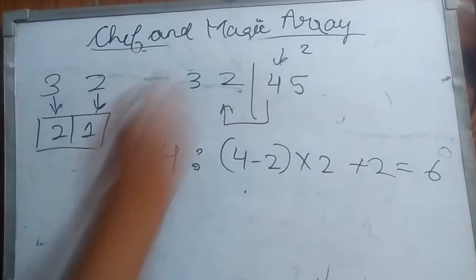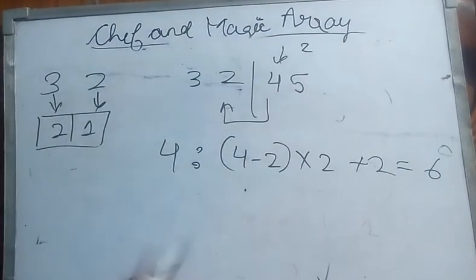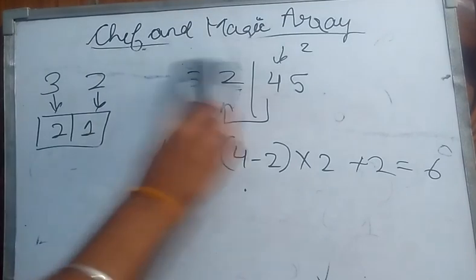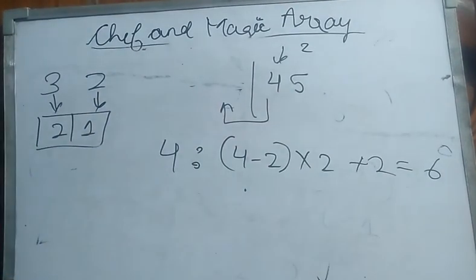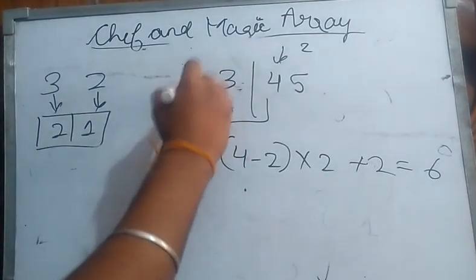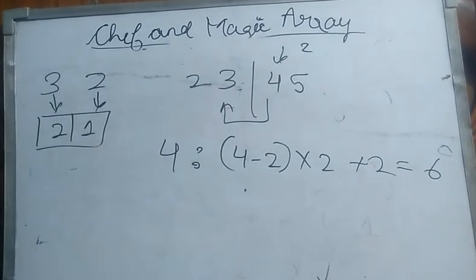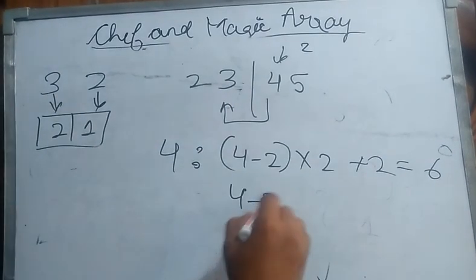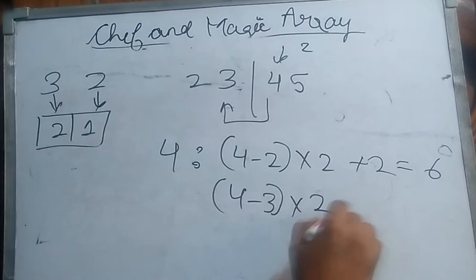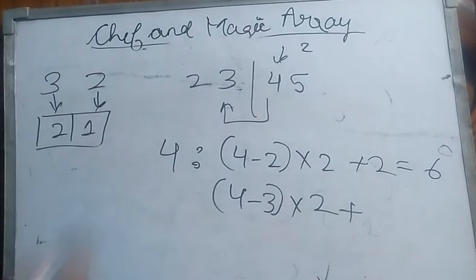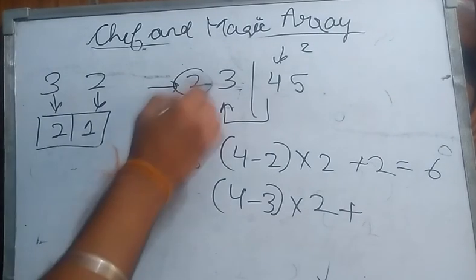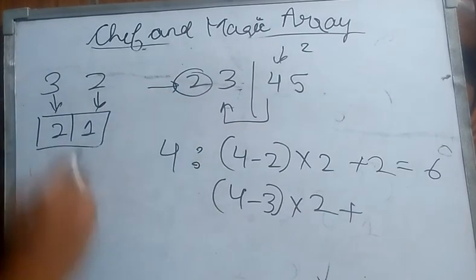It is 6. Again, considering 2 here and 3 here, I rotated this array. What will be the maximum value? Oh, sorry, 3 is here and 2 is here. So what will the maximum value I would have got? 4 minus 3 into 2 plus the maximum value from the leftmost dish, and I have already stored the maximum value I am getting from this 2, that is 1.